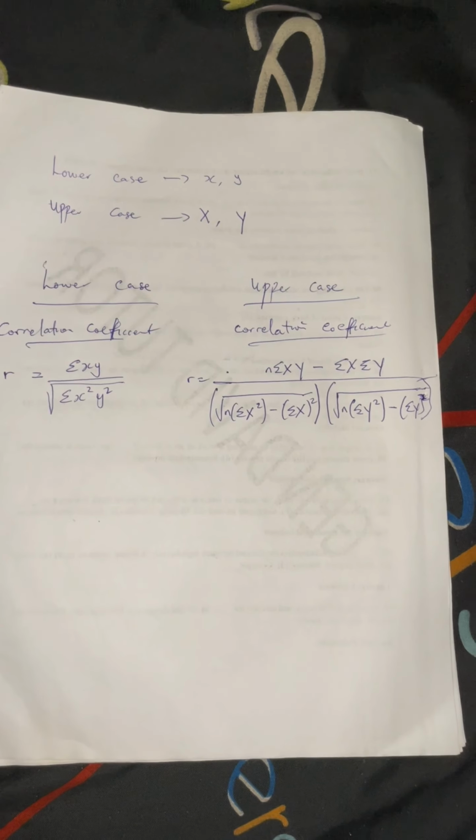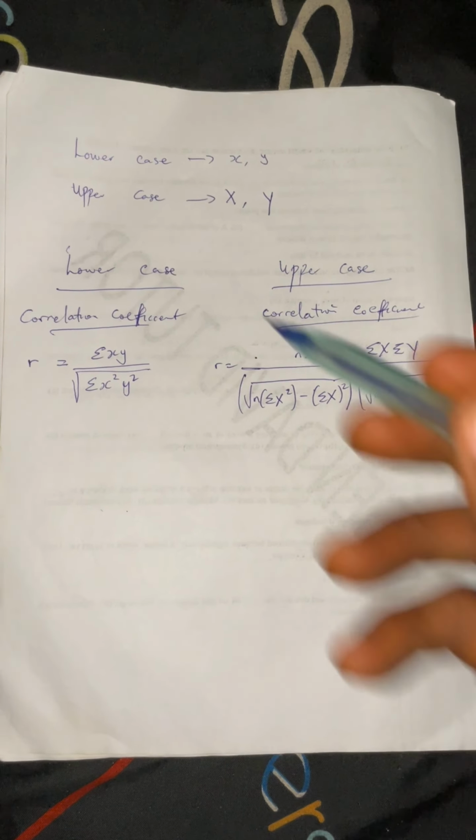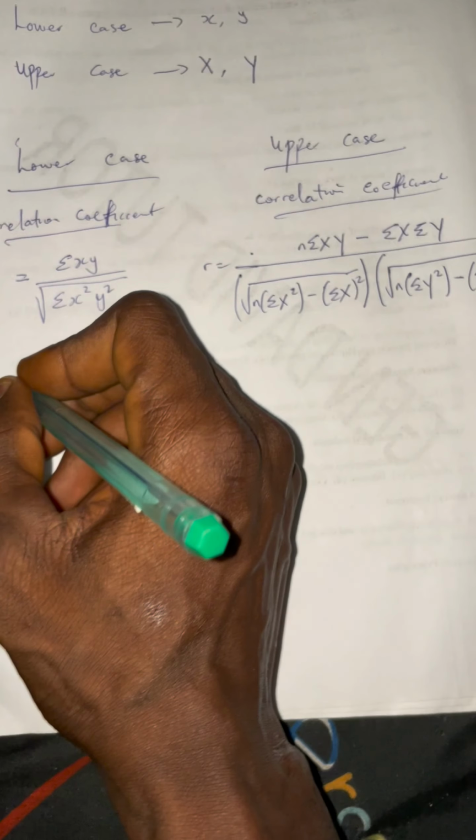These are the formulas for the correlation coefficient for the lowercase and the uppercase.